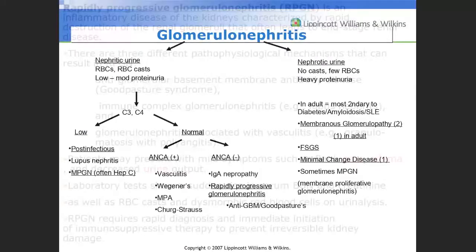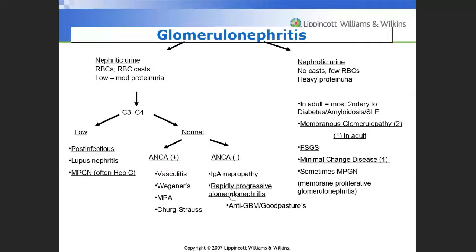Rapidly progressive could be here, and it also could be here. It doesn't matter what causes it or what it is associated with, in all cases of rapidly progressive glomerulonephritis, you're going to see a crescent or arch in histology.